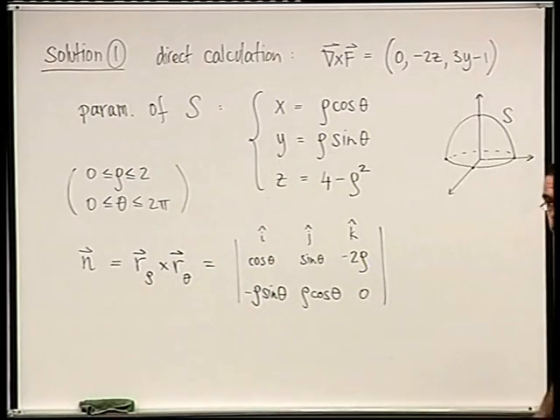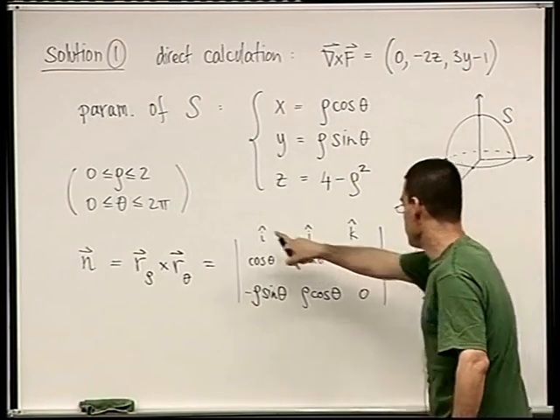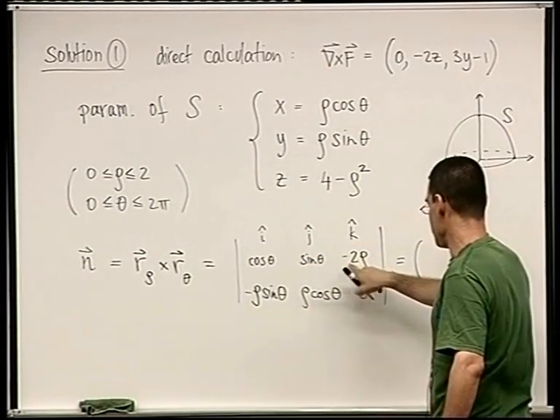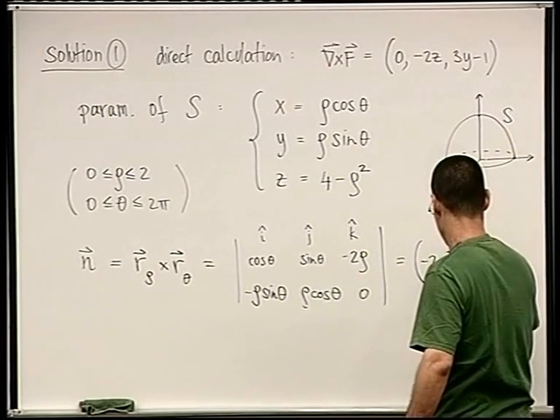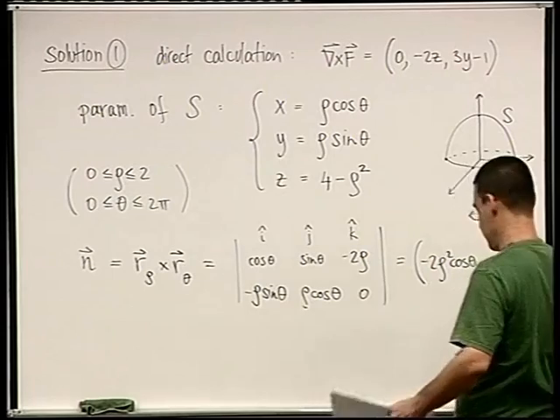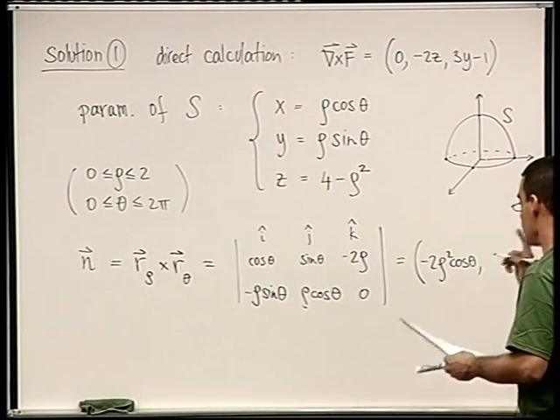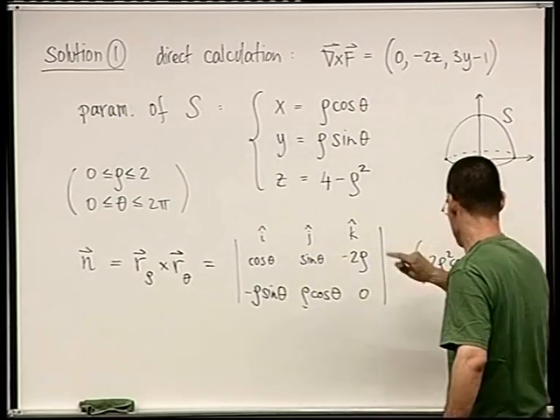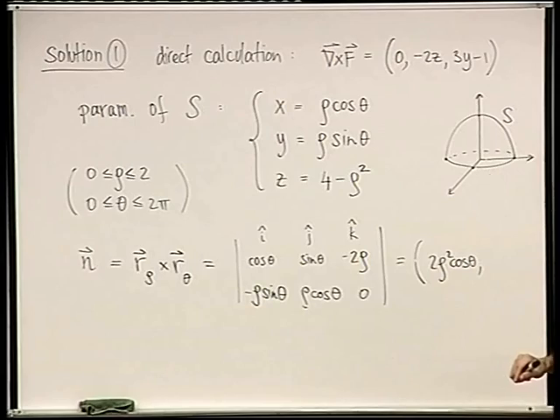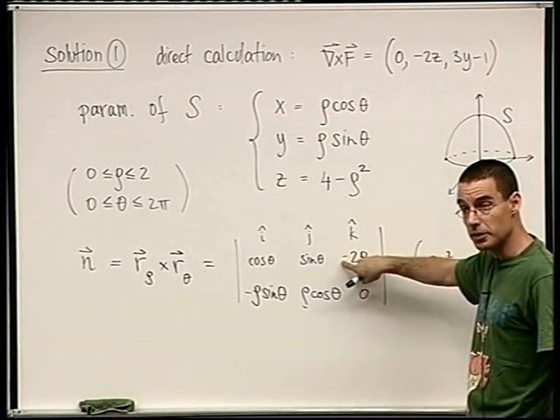Do you agree? Good? And what we get, in the i direction, I get minus 2 rho squared cosine theta. That's the i component. Sorry, it's minus minus, so this becomes a plus. Do you agree? Minus because of this, and another minus because of this minus, so it's a plus.